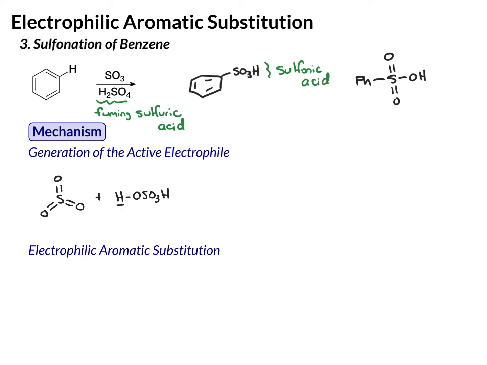What we can do is use a lone pair on one of these oxygens, and that will act as a base, and we'll do a proton transfer. So we'll take the lone pair on the oxygen and take a proton from sulfuric acid. By doing that, now we have a positive charge on the oxygen plus the hydrogen sulfate conjugate base.